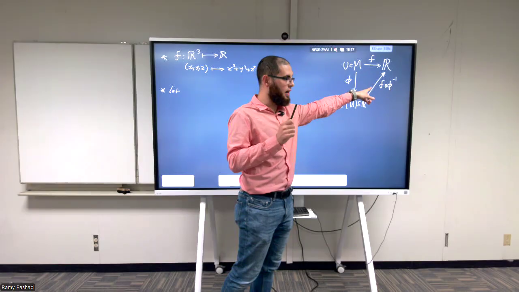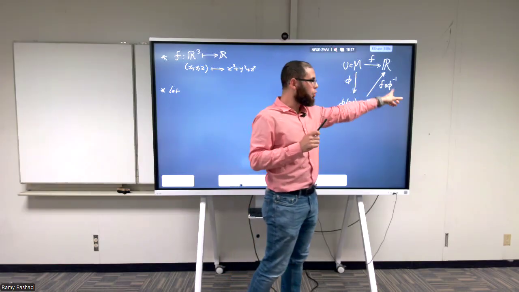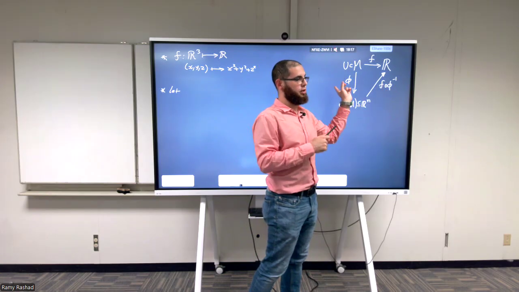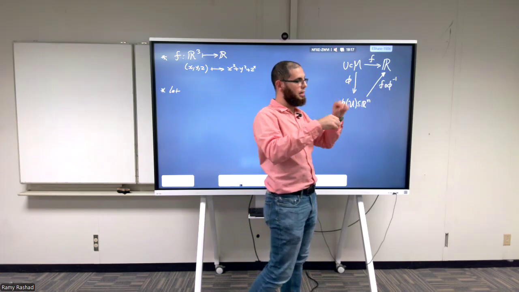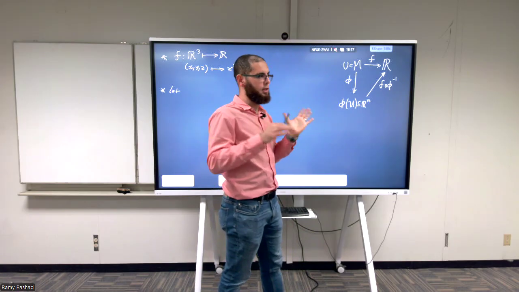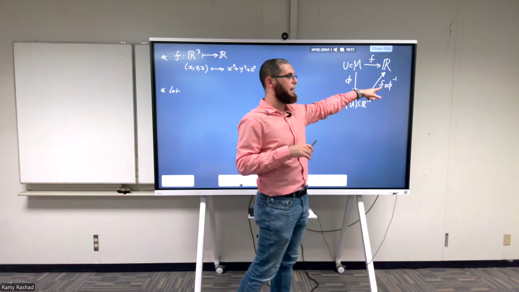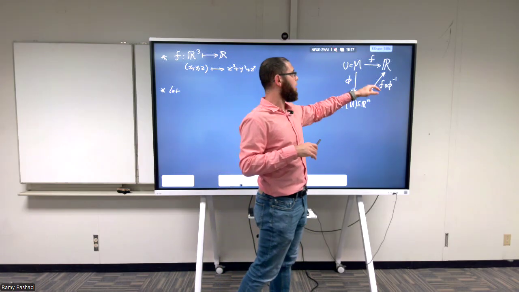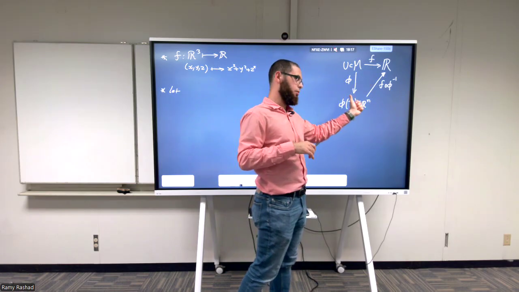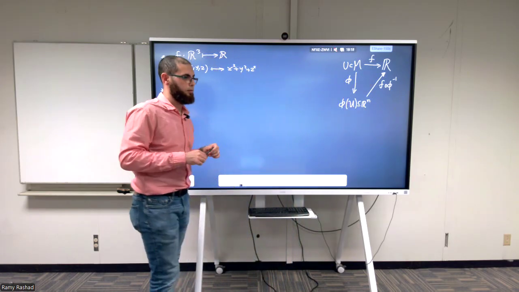But it's very important that you make sure that whatever properties you get are independent of the charts that you chose. This is something you see in formal definitions in differential geometry. You need to make sure that the definitions you get are independent of the charts that you chose. This is an important thing.